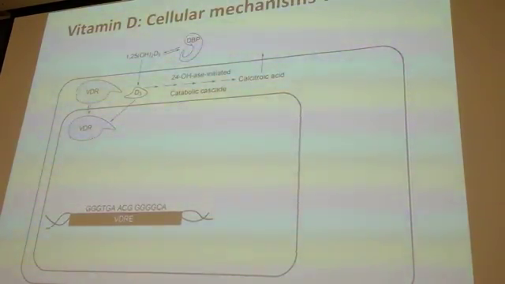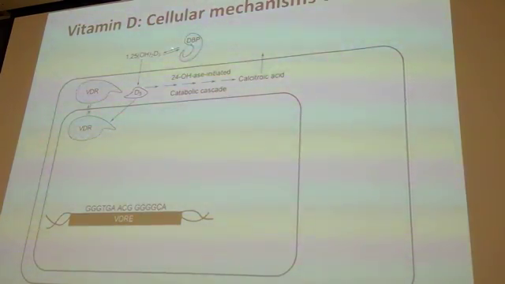And it does this by acting as a nuclear hormone receptor. This is a really classic pathway that a few different compounds use. We can imagine 125 hydroxy vitamin D circulating through the body in complex with vitamin D binding protein.